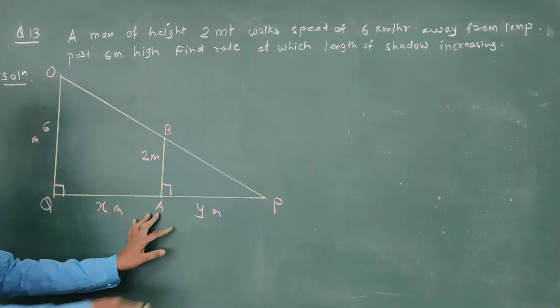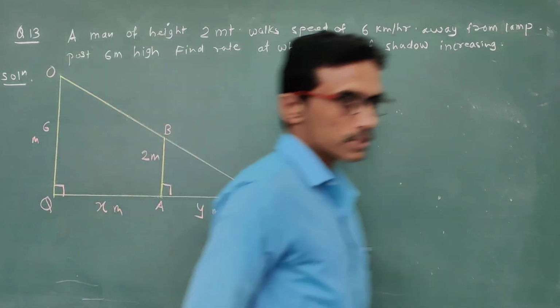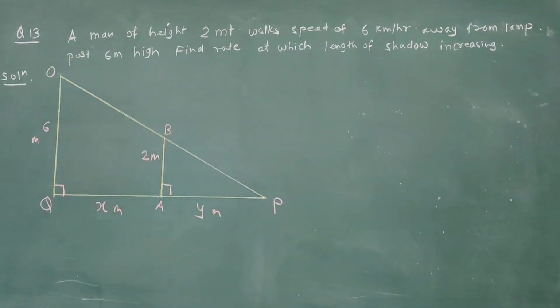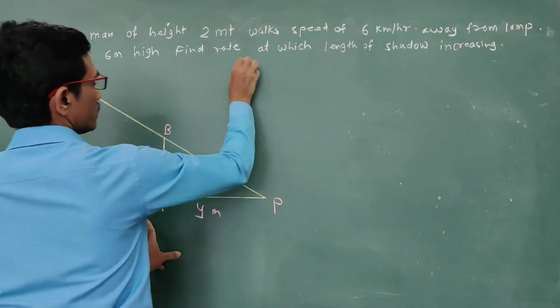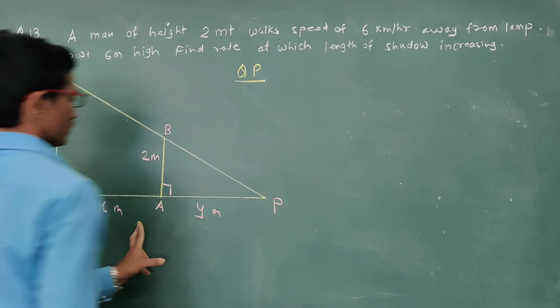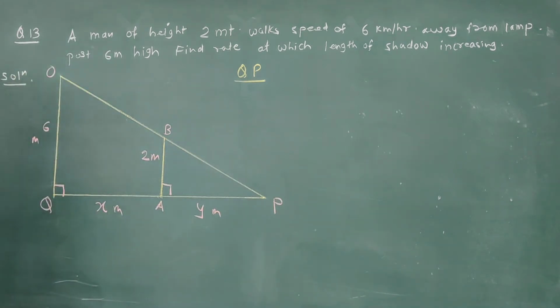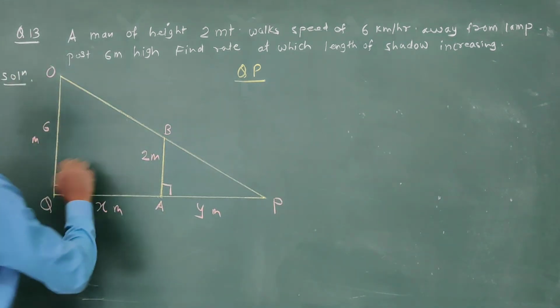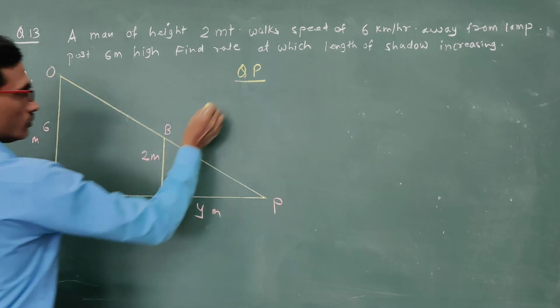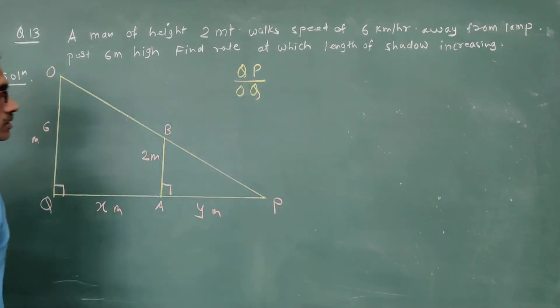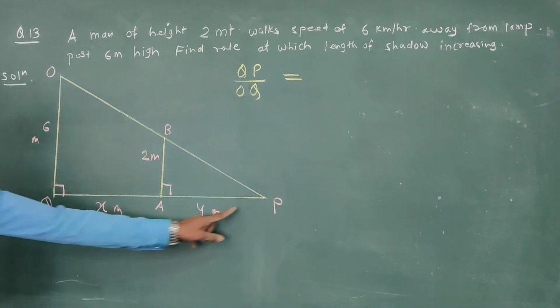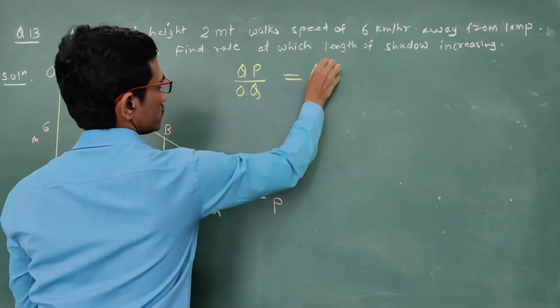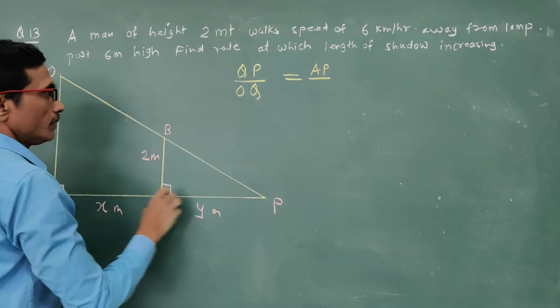So we can write here the relation x plus y, that is for QP, upon OQ is equal to AP upon AB.